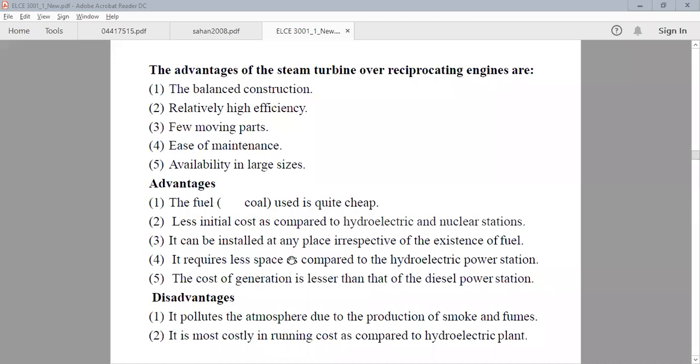Initial cost is the cost of building the project, the construction cost, the cost we pay when we built the power plant. That is the initial cost.